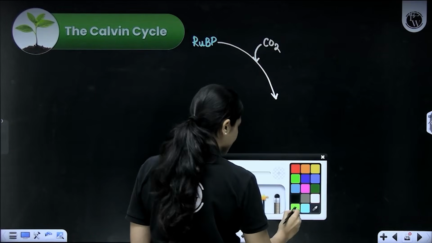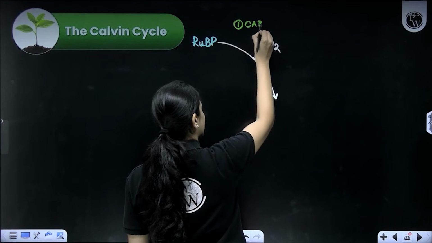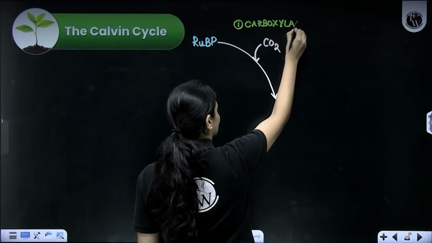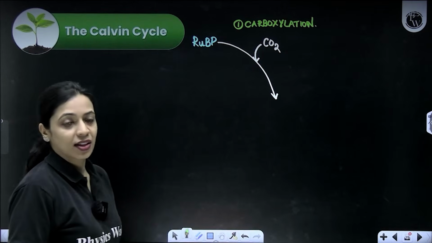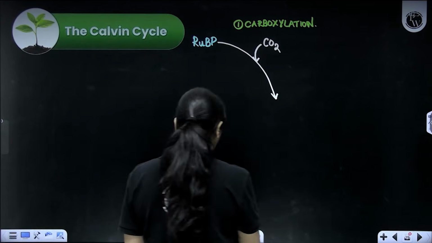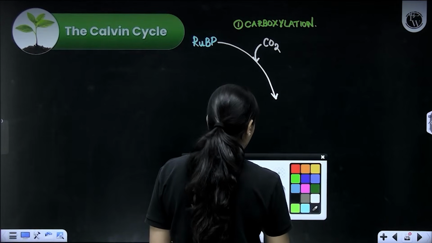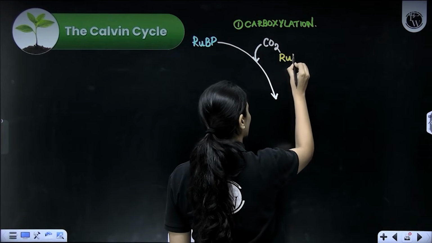This is the first step, and this step is called carboxylation. So this carboxylation is brought about by an enzyme called Rubisco.